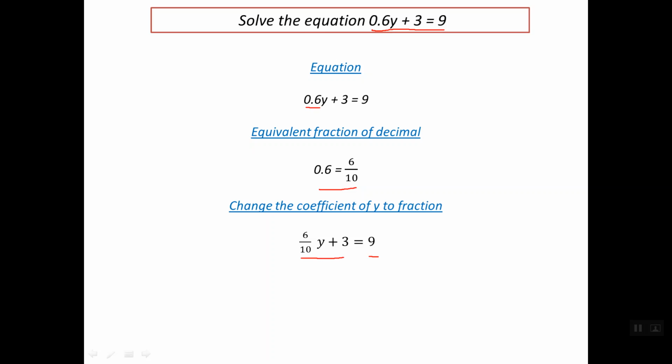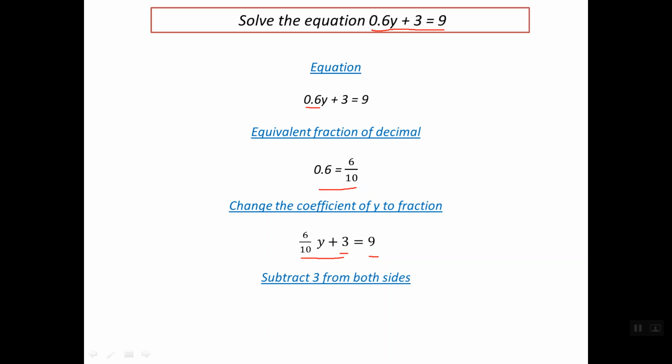I have talked in a previous presentation about solving such an equation in case the coefficient of the variable is a fraction. First we need to keep the variable alone on the left side, so we can simply subtract 3 from both sides of this equation.